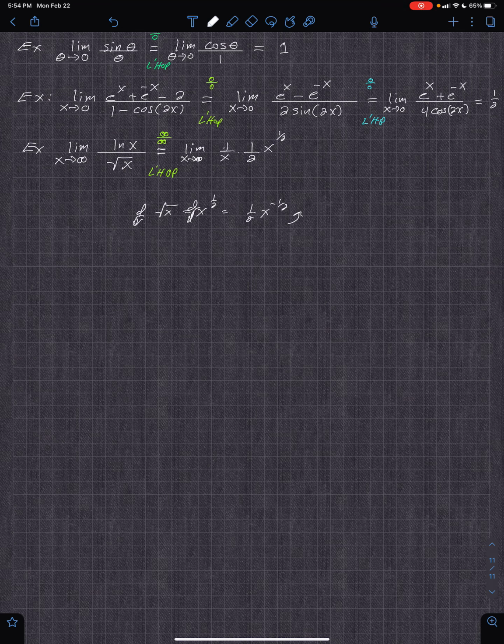So what you can do is rewrite this as the limit as x approaches infinity. And so you have basically, hold on a second.